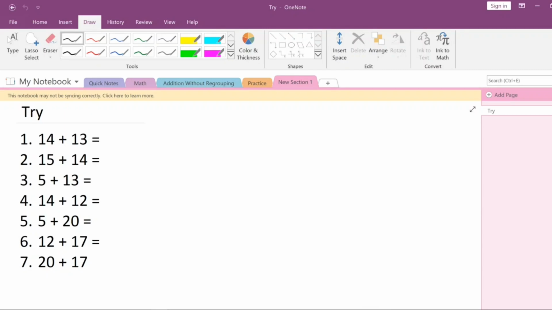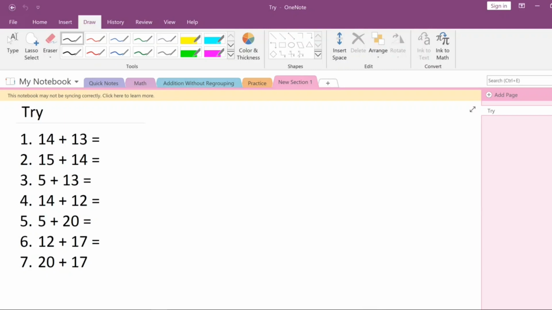Number 4, 14 plus 12. Number 5, 5 plus 20. Number 6, 12 plus 17. Number 7, 20 plus 17. How about we try to do number 1 first? And then you try the next numbers at home.